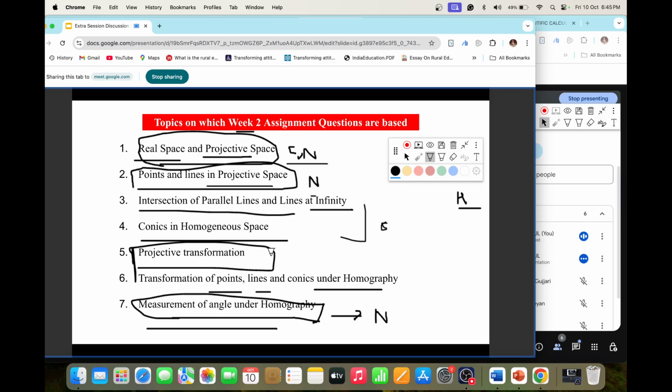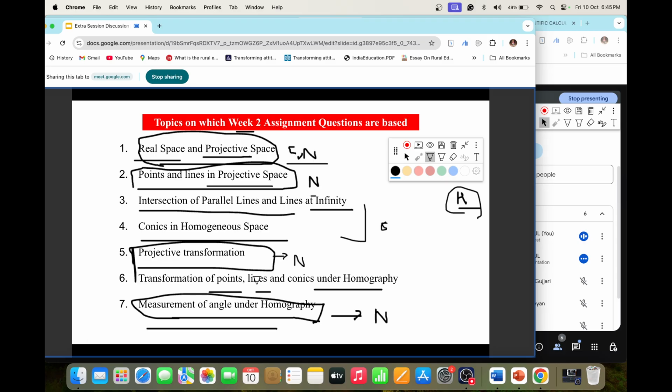Projective transformation is very important, so you can easily expect a numerical question, like if you are given a point or a line and an H matrix, that is the homogeneous matrix, how you can get the points and lines in the next or different homogeneous space. That is very important.